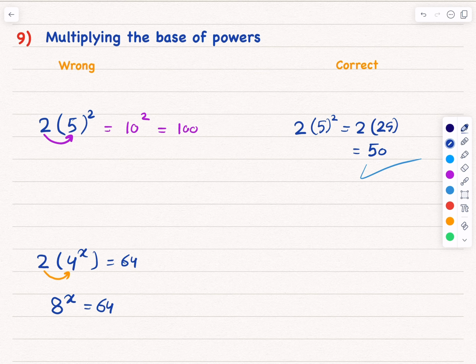As we know, 8 to the power of 2 is 64, which means here x would be 2. And of course, this is wrong, because if you check, if you replace x by 2, you will have 4 to the power of 2 first, 16. Then you will multiply by 2. 16 by 2 will be 32, not 64.